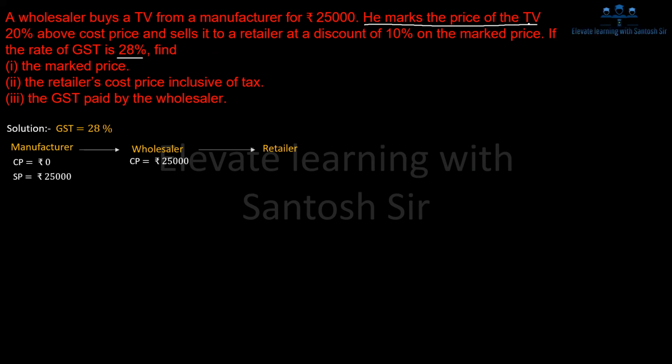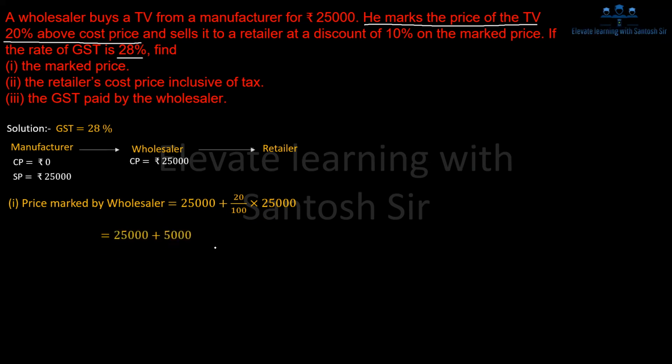Now, what this wholesaler is doing, let us understand. He marks the price of the TV 20% above cost price. So after purchasing the TV for rupees 25,000, the wholesaler marks the price 20% above the cost price. So the price marked by the wholesaler will be 25,000 plus 20% of 25,000, which is nothing but 30,000.